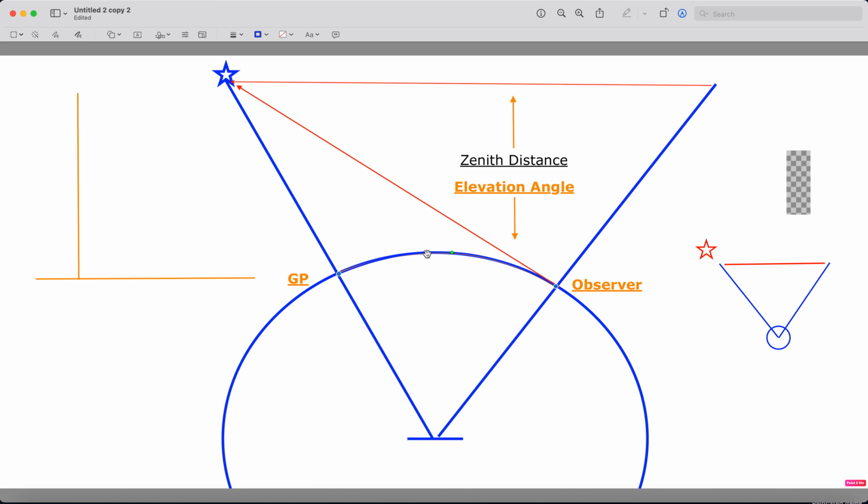But this is the problem. Because you have diverging zeniths, your zenith distance, which will be between the observer zenith and the star, is always going to be way, way bigger in this situation than the curve down here between the GP and the observer.